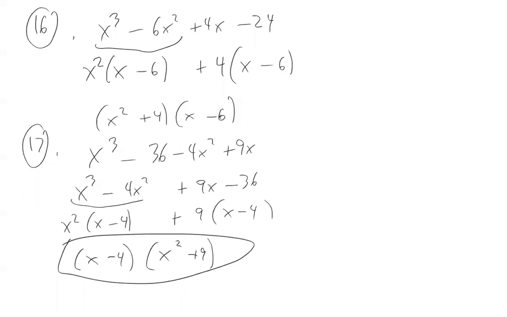Then let's try number 18. So number 18 is x squared minus 4x minus 45.